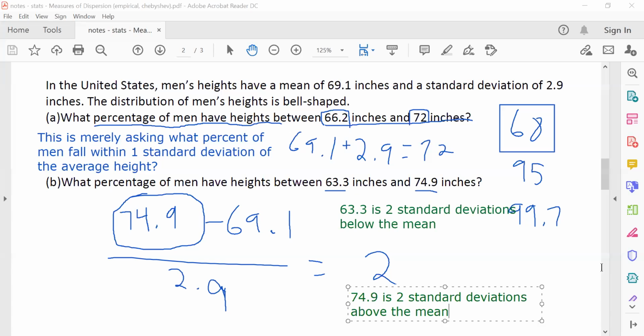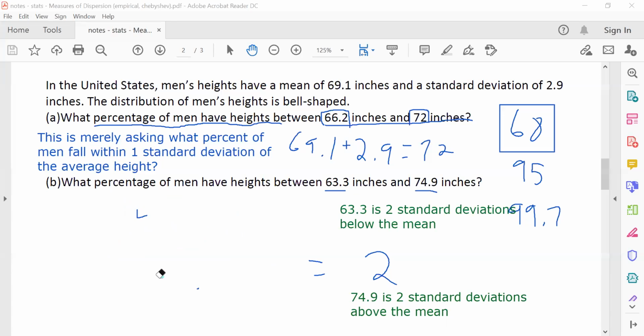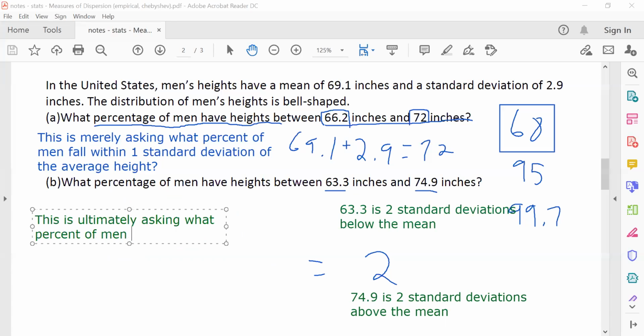So ultimately, this problem is just asking what percent of men fall within 2 standard deviations of the average height.